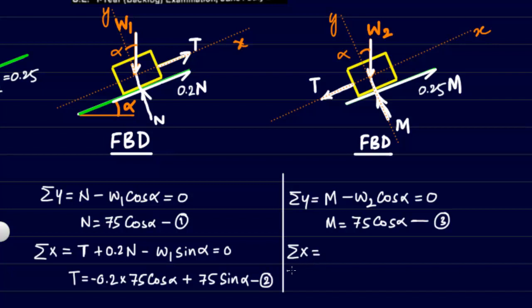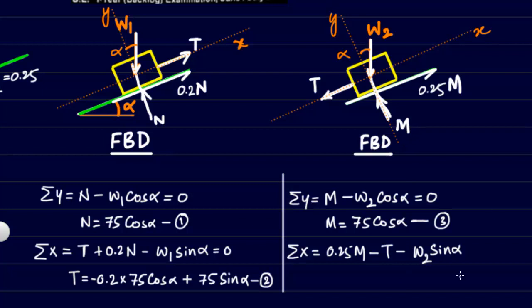Let's next go ahead and take all the x components in this free body diagram. Now 0.25 M is acting in the positive x-axis. Tension T is acting opposite to it, so it has to be taken minus. Then there is a component of W2 in the x direction that's acting in the opposite direction, and that component will be W2 sine alpha.